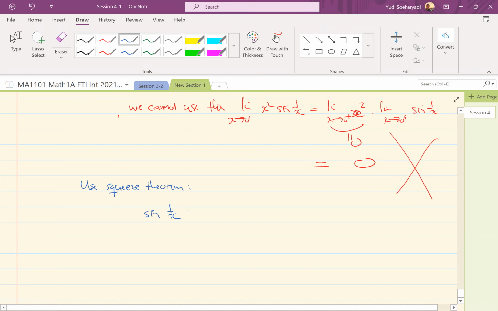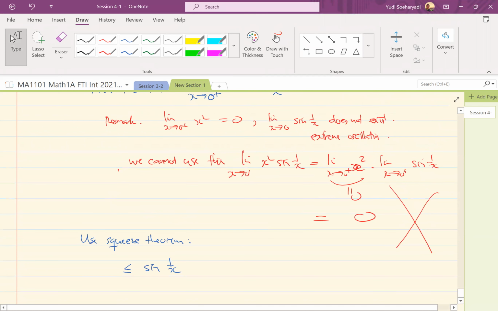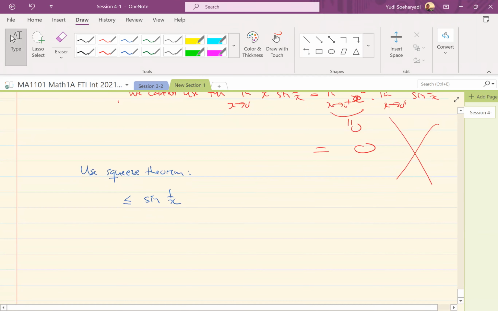Let's do sine of 1 over x. Sine 1 over x is between -1 and 1, right? For x not 0.